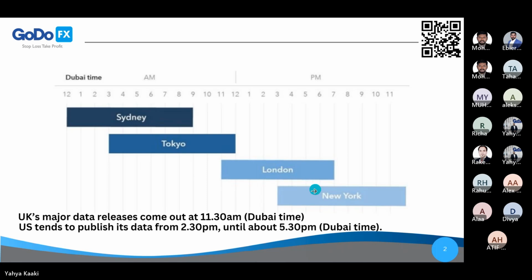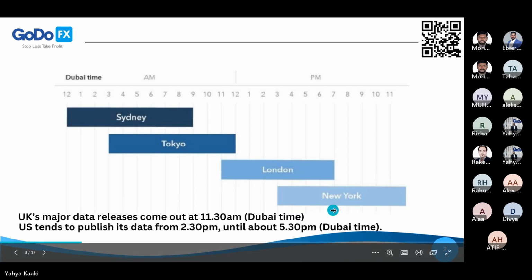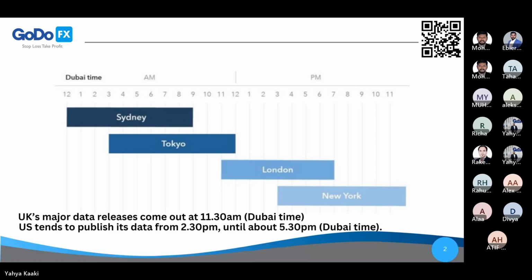So every Forex trader needs to know when they are published. Of course, we support you with a Telegram channel where you can receive the news, timings, and updates. This way, as a trader, you know what news is coming up on this day and what is the best time slot to trade on.